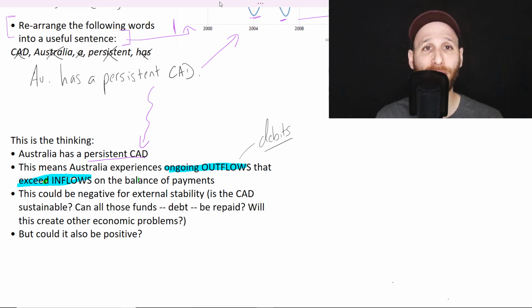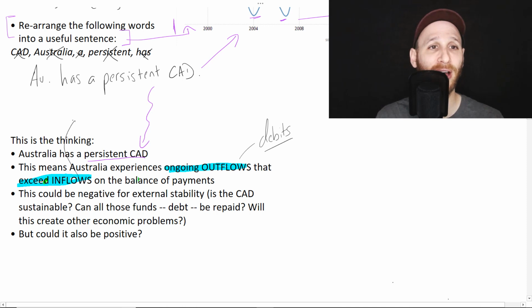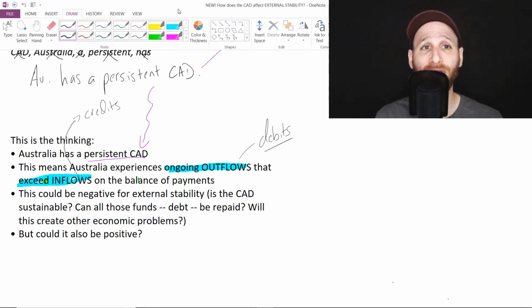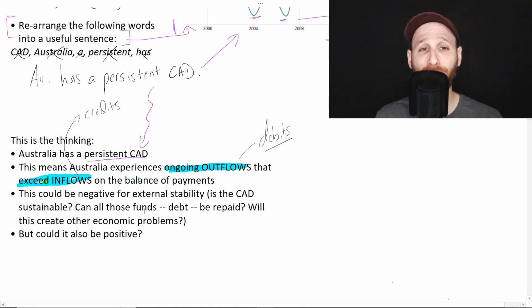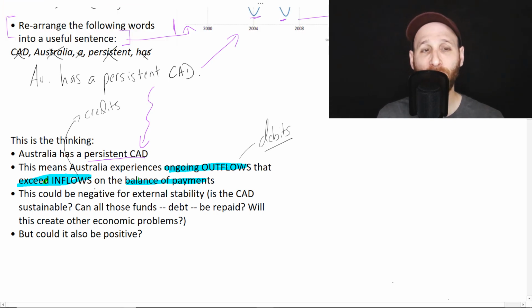And remember that those inflows, they're not debits. These guys they're credits. So that when we have a current account deficit, Australia experiences ongoing outflows that exceed inflows on the balance of payments.